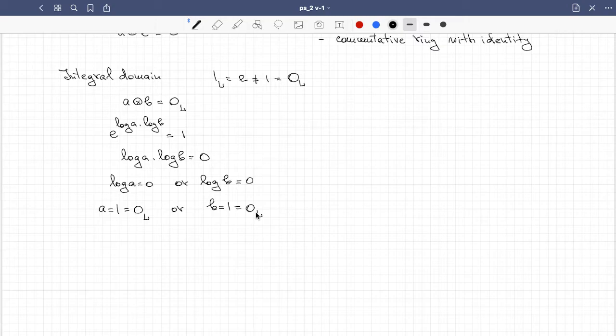Then indeed, yes, L is an integral domain, or in other words, property 11 is satisfied.